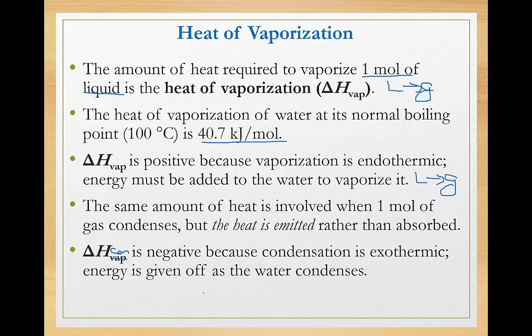If you see it as negative, if they ever say heat of vaporization, they leave it that way, and you see it as a negative 40.7 kilojoules per mole, that is telling you that they're talking about the condensation process. So you may see it both ways. I like to use heat of condensation to define the difference between those, but really the sign is what tells you which way you're going, positive or negative.